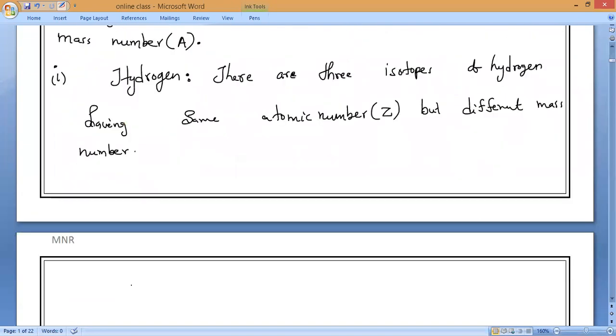So what is the atomic number of hydrogen? Anybody? 1, sir. You all know, correct? The atomic number of hydrogen atom is 1.